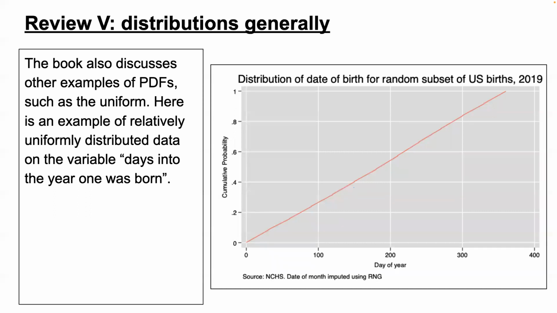If this is the cumulative distribution for a different variable that has a different distribution, what do you think that probability density function looks like for this kind of cumulative distribution function, where it's extremely linear? Every time you go over one day of the year, your additional probability changes by the same amount. See if you can think about what that curve would look like.